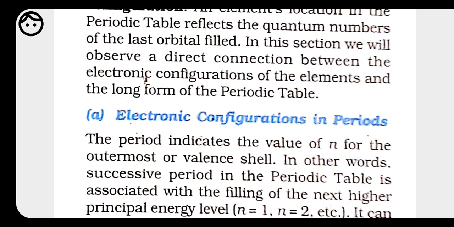Whenever we talk about the first period, it is the filling of electrons in the first energy shell, that is n is equal to 1. This energy level has only one orbital, 1s, and therefore it can accommodate only 2 electrons. It means there can be only 2 elements in the first period, because it can accommodate only 2. That's why in the first period we have hydrogen and helium only.